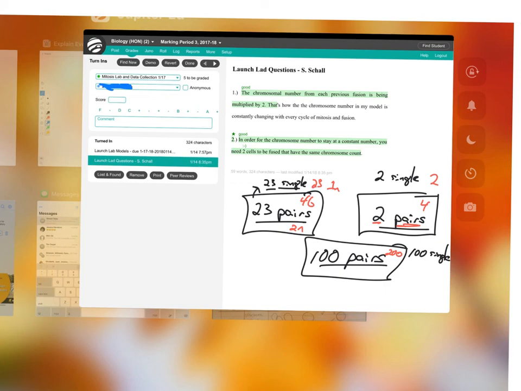But in the most simple form, in general, diploid organisms go from 2N to 1N in order to make the gametes, so that they can fuse them, so that they can make an organism with 2N. The whole objective is after fusion that you have the same chromosome count from one generation to the next.